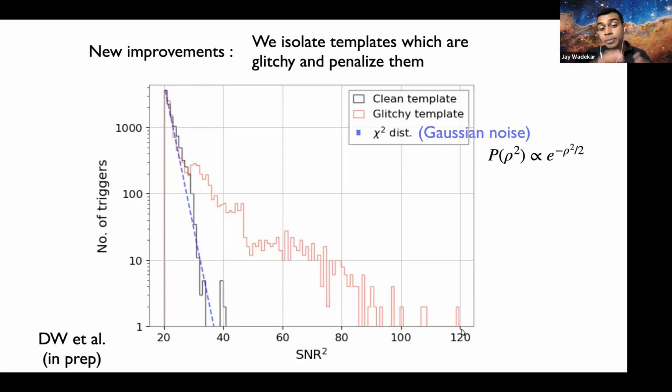If the data is completely Gaussian, it doesn't have these non-Gaussian transients, you expect the data to have a Gaussian distribution. For example, as you increase in SNR squared, the probability should go down as an exponential. In a bank you have multiple templates, and we realized that there are some templates which are quite clean. When you run them, you get noise as you would expect. But then there are some templates which we call glitchy, where you can see that the number of triggers are much higher.